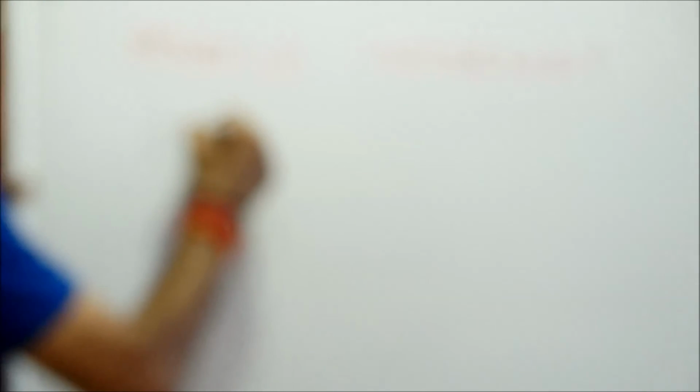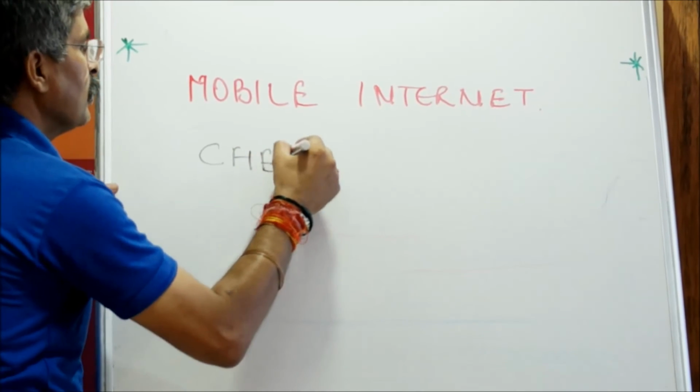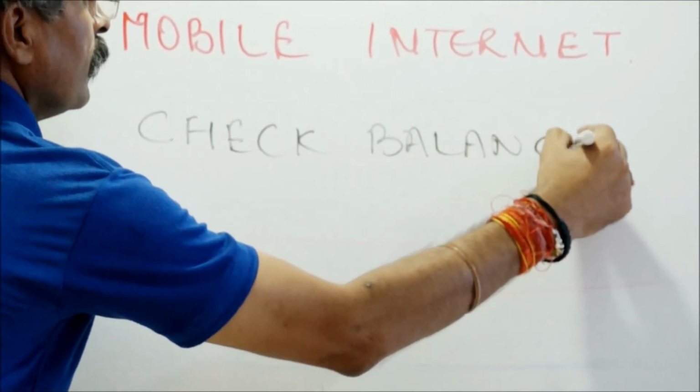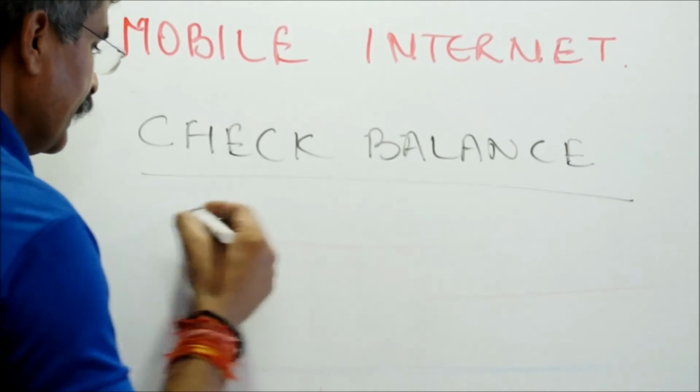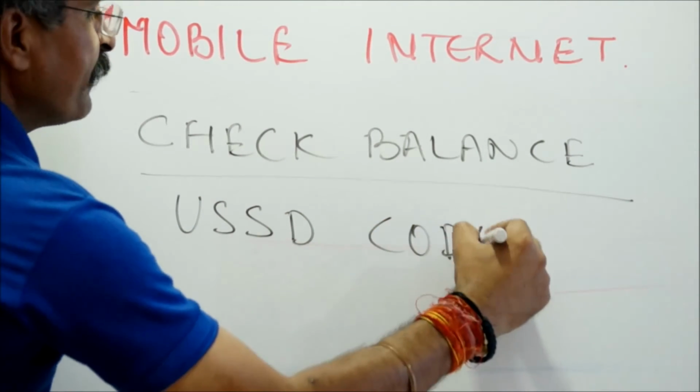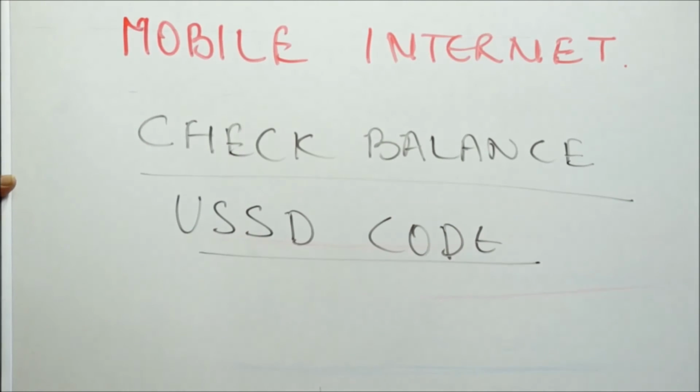To check the balance, you can use the USSD code, and there are two different codes for limited pack and for unlimited pack.